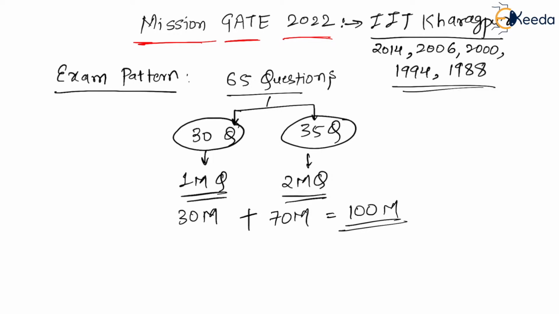These are the years in which Kharagpur has organized the GATE exams, and now again after 7 years we are having this exam for 2022. Anyways, now see here, this is how the marking scheme is for the exam.